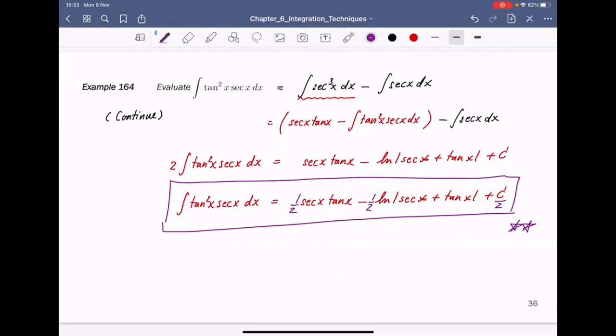You can leave the answer here, or I can say this is another constant, the big C. You can say this is C1, and that is C1 over 2, which is C. It's just the arbitrary constant. Make sense? All right. Any questions, everyone?